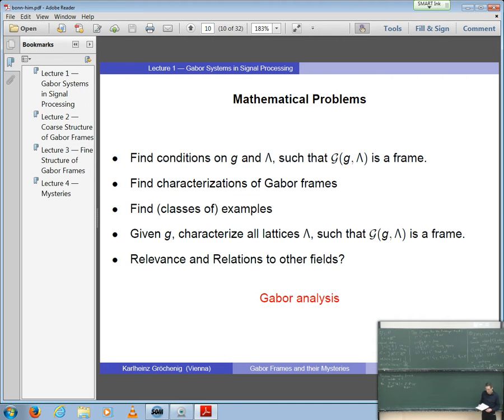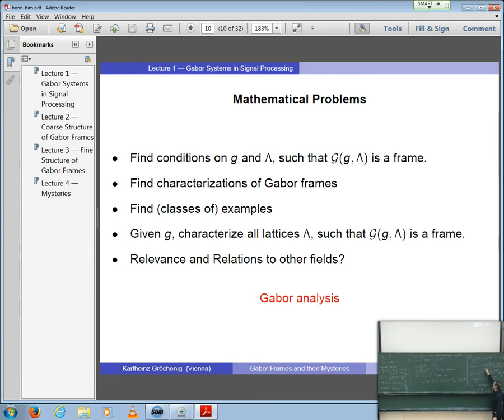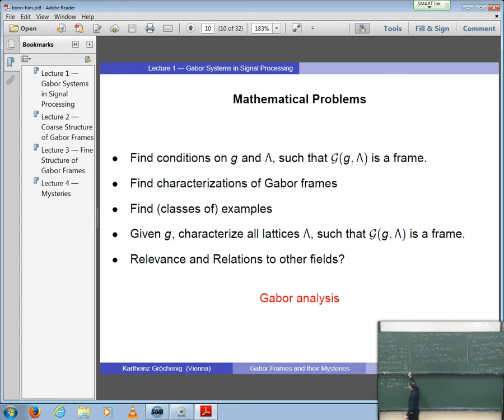So when you look at this function here, the first question we have to answer is, what is the Fourier transform of this? So what is h hat when h is the spectrogram?